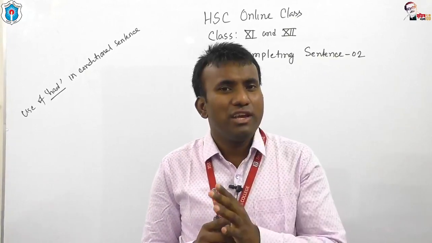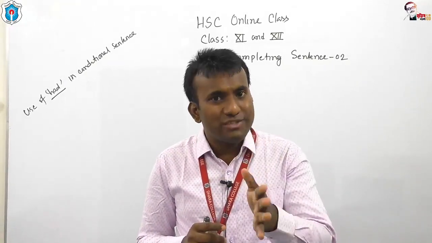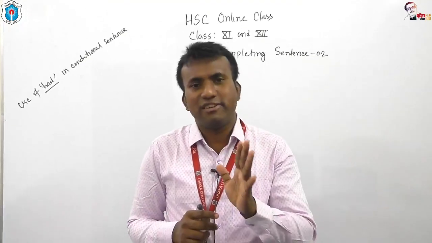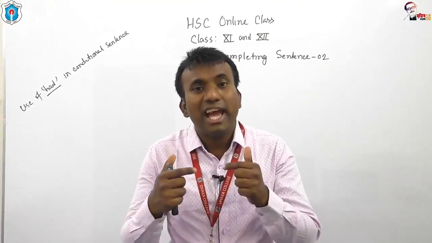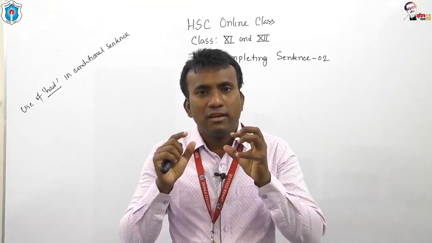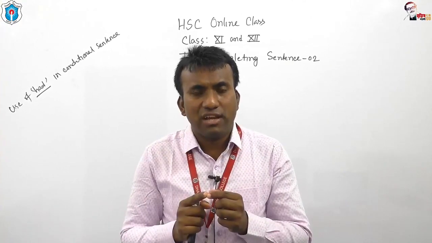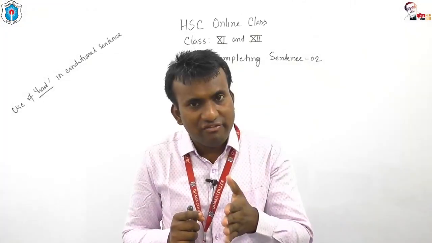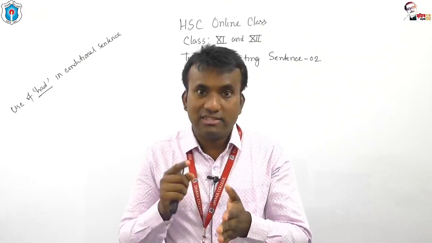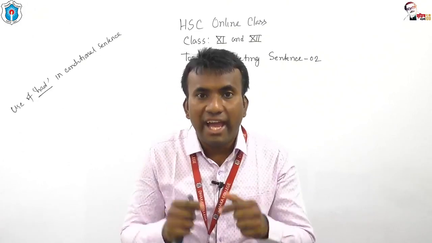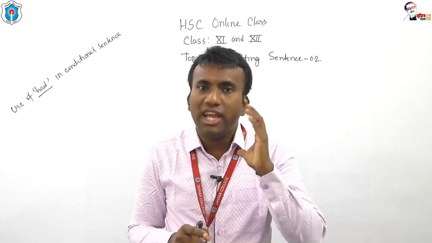Be careful: if you use had at the beginning of a sentence, this had discharges the function of an auxiliary verb, or you can say verb. At the same time, this had carries the meaning if.